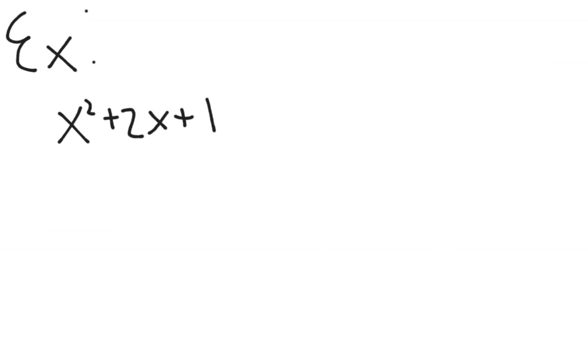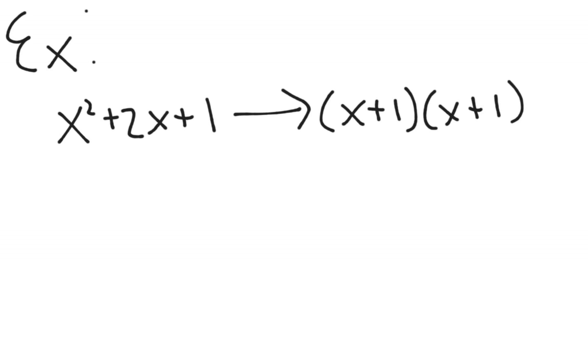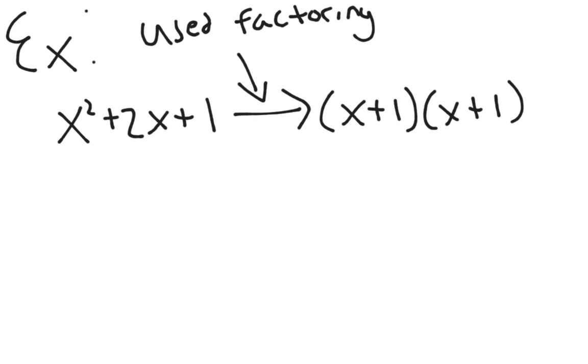So here's an example. If I have the polynomial x squared plus 2x plus 1, I can use factoring to change it to x plus 1 times x plus 1. So I used factoring here. And then x plus 1 is a factor.